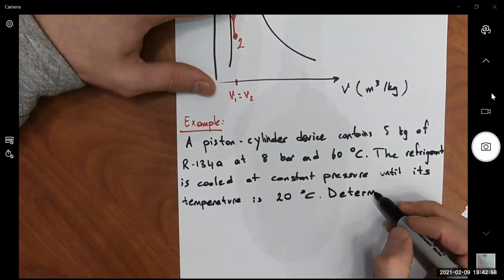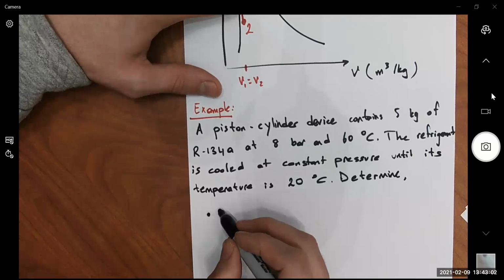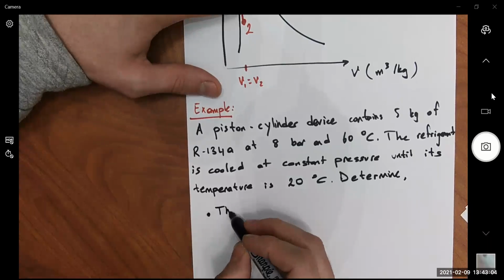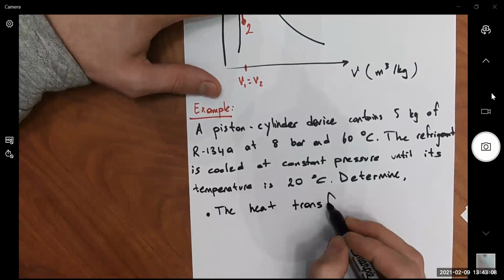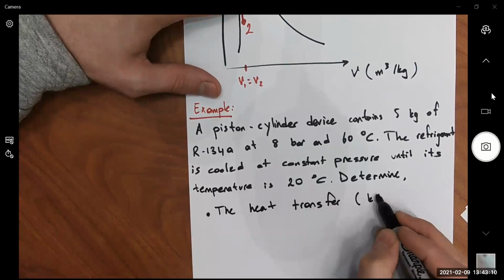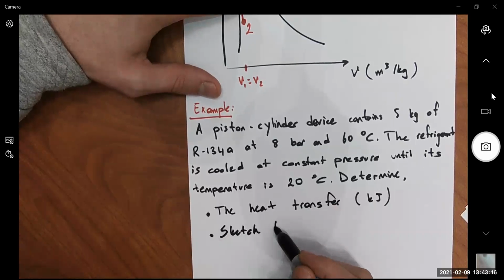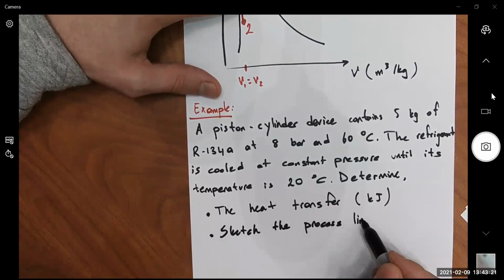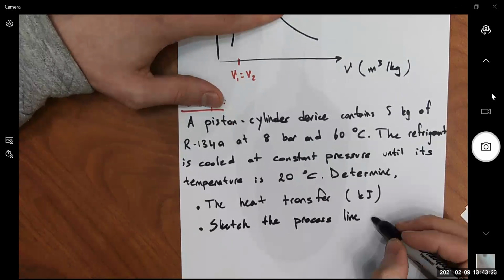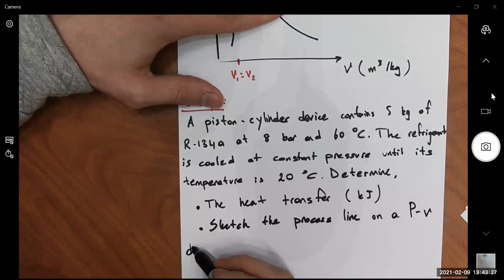Determine the heat transfer in kilojoules, and sketch the process line on a PV diagram.